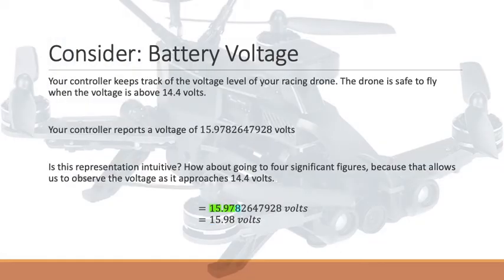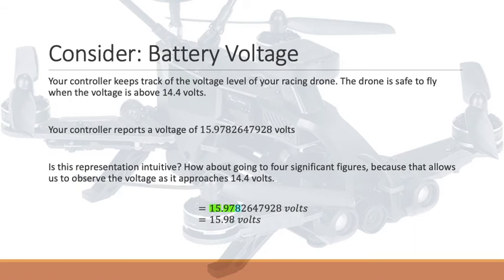Going down to our battery voltage here with the drone, did we think this number was intuitive? Well, again, no, not really, because 15.9782647928, what does that actually mean and what do we care about? Well, we care whether the voltage dips to 14.4.